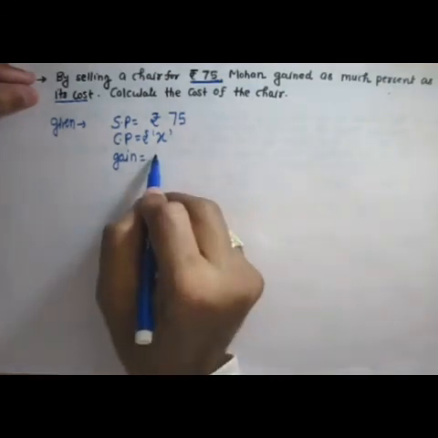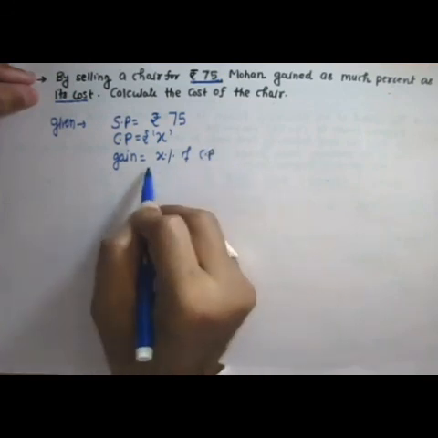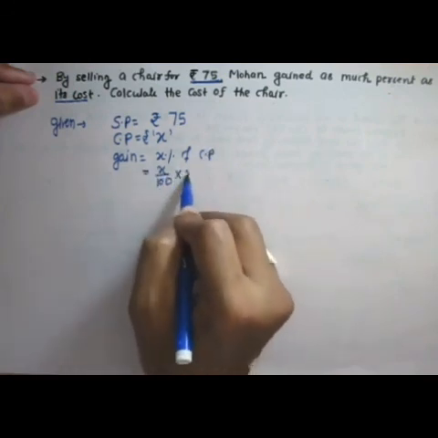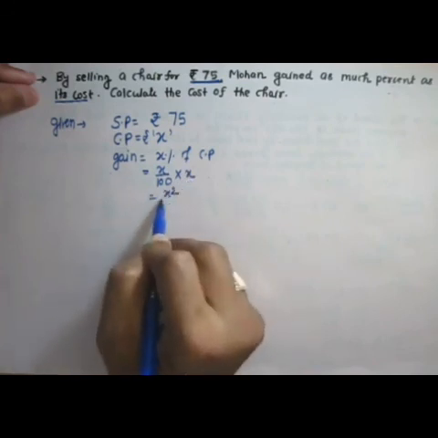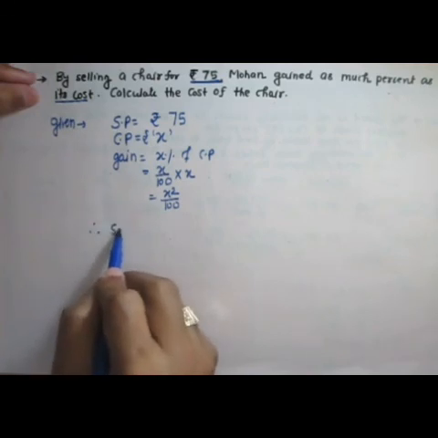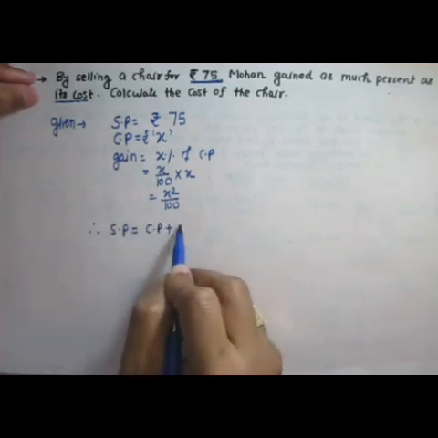So it will be x% of cost price. So that is x by 100 into cost price. So it is equal to x square by 100. Now we know that selling price must be equal to cost price plus profit or gain.